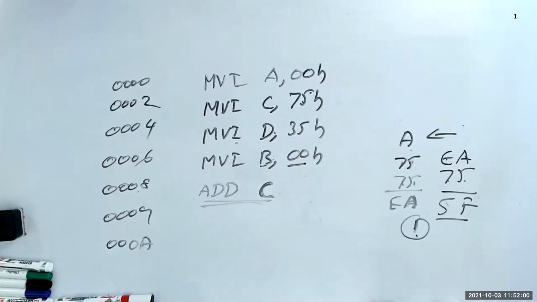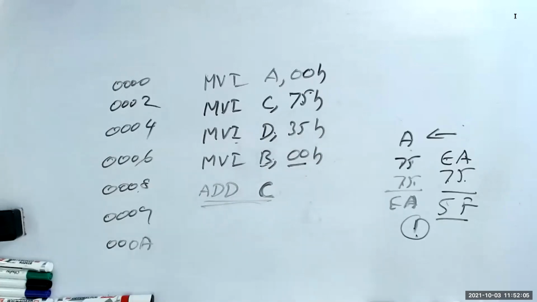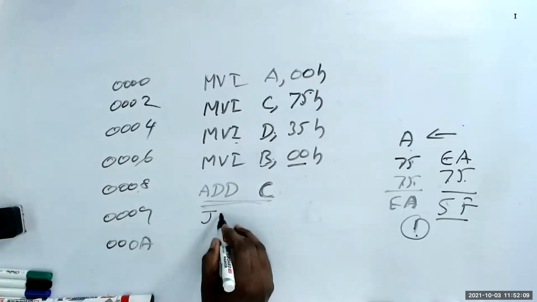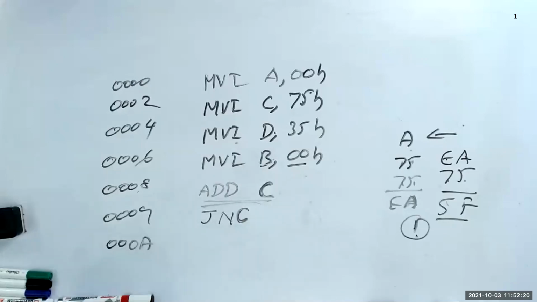Then what? How do I decrement the D? Jump to where? Jump on carry to... what is the instruction? No carry. All right.